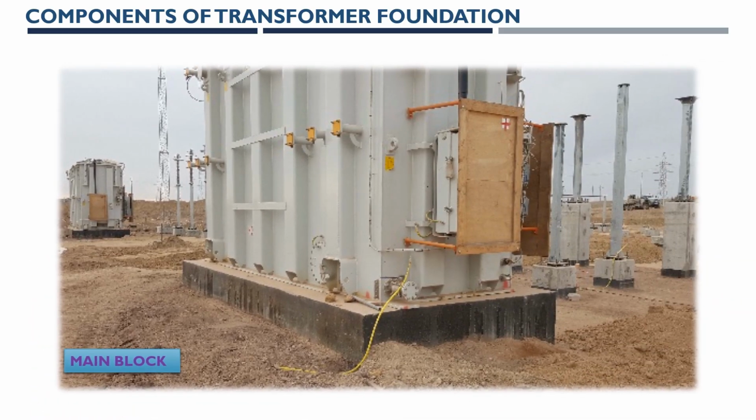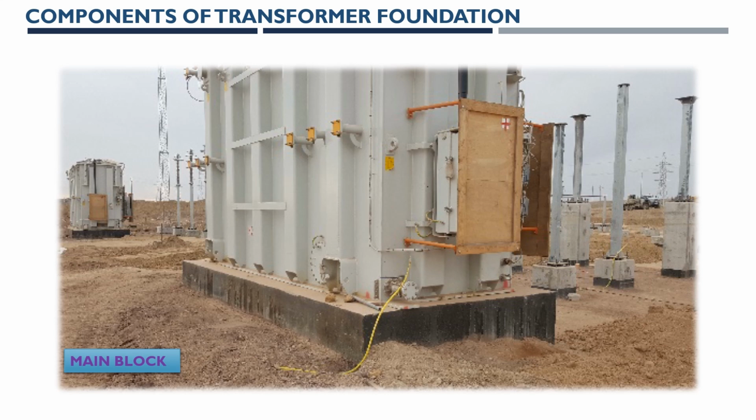So for an example, this transformer is resting on the concrete block. This block we used to call the main block. Of course, this foundation construction stage is in progress, so this transformer is missing the bund wall and other arrangement.